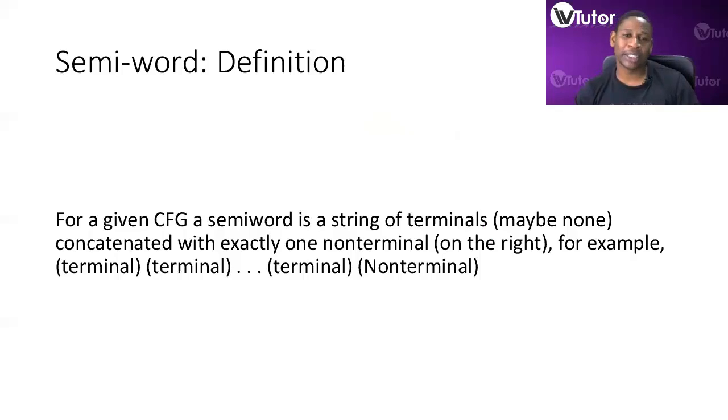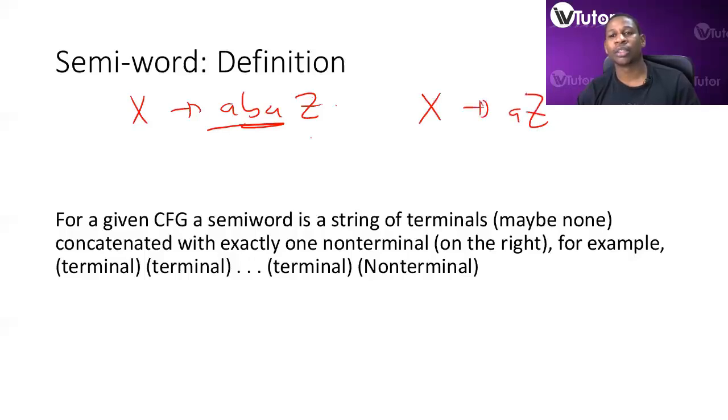If our productions are of the form, say X goes to some terminals followed by a non-terminal, which can be a different non-terminal, as long as you have exactly one non-terminal at the very end of a production, we call these semi-words.